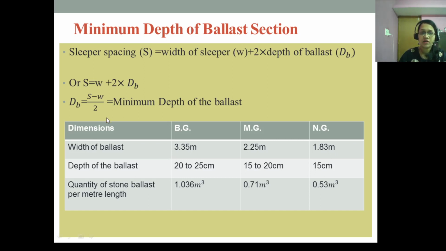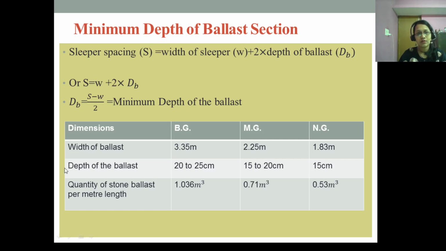This is a table showing the dimensions, or the width of the ballast, that is 3.35 meters for a BG, for an MG the width of the ballast is 2.25 meters, and for an NG the width is 1.83 meters.